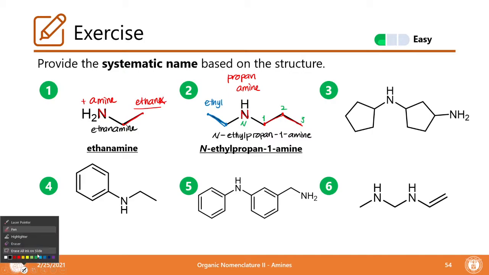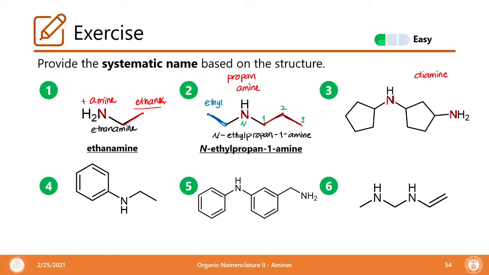Now let's go to the next one. Our priority functional group is actually still the amine, but now we have 2. So what if we have 2 functional groups? If we have a parent functional group with 2 of each in a compound, we have to use the prefix di. So diamine.